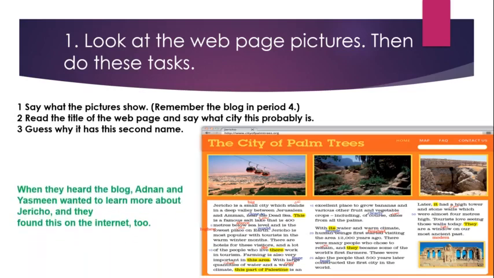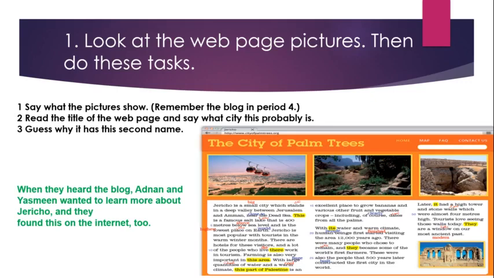Of course, let's start our lesson for today inshallah, talking about the city of palm tree. The beginning of our class is the reading. Let's read this paragraph. When they heard the blog, Adnan and Yasmin went to learn more about Jericho and they found this on the internet too.